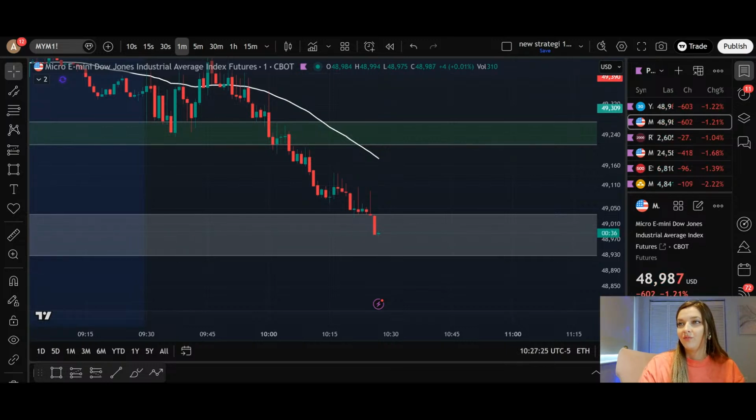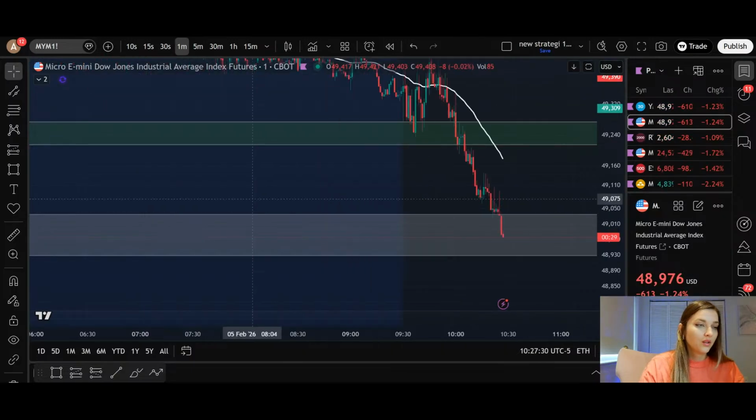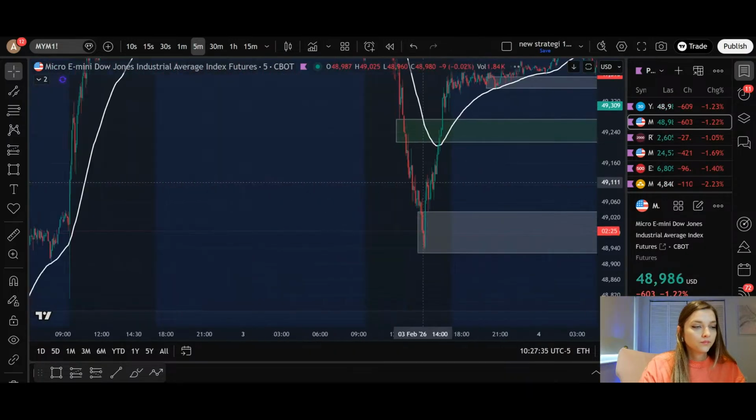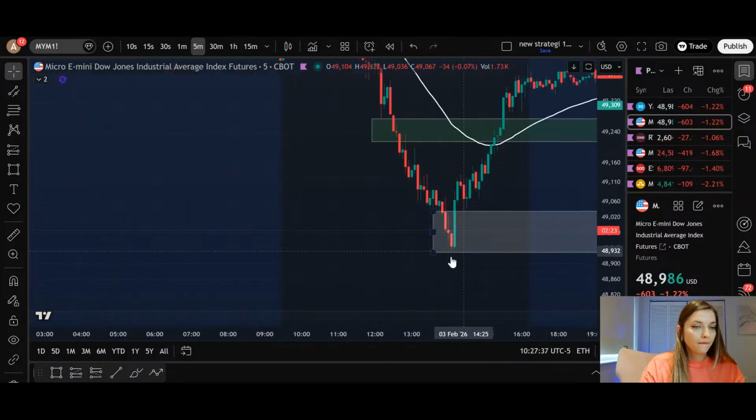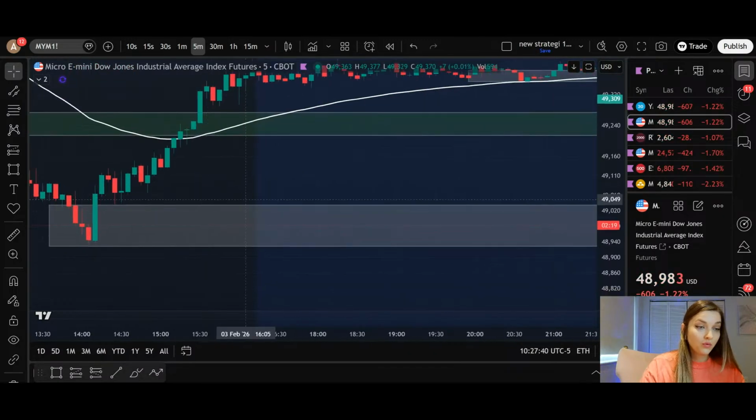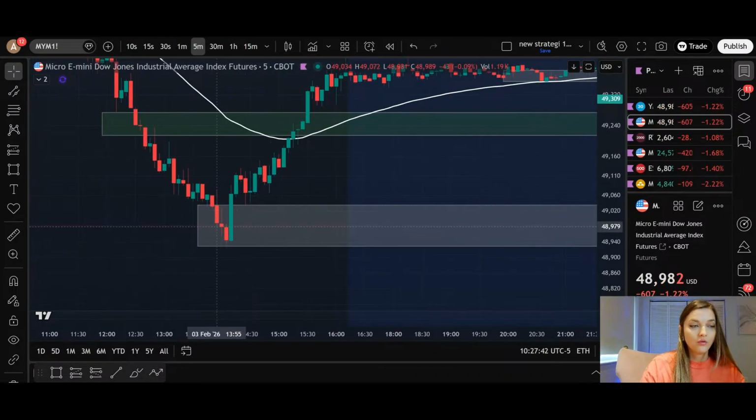Okay, so when you're narrowing it down, where did I mark it here on 5 minutes? If this is as narrow as I could, usually I will include this green candle too, the closing of this green candle.